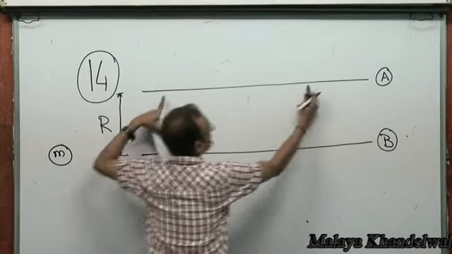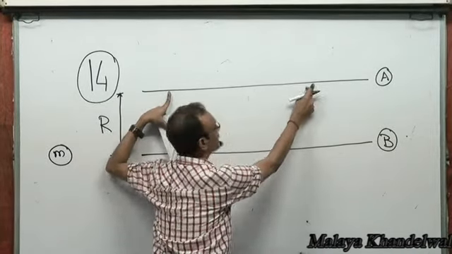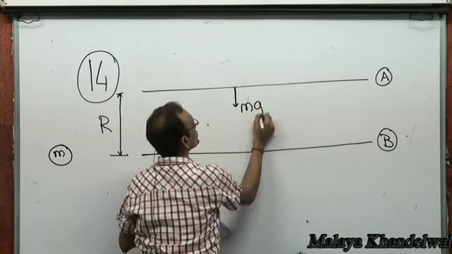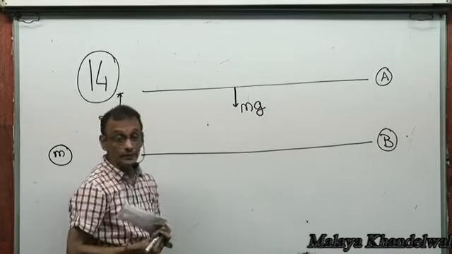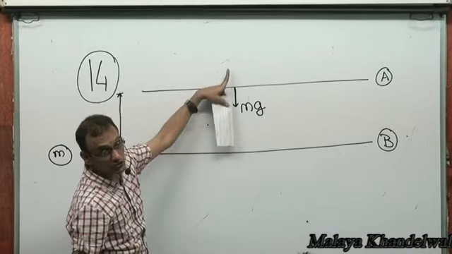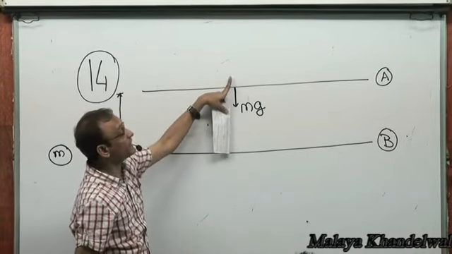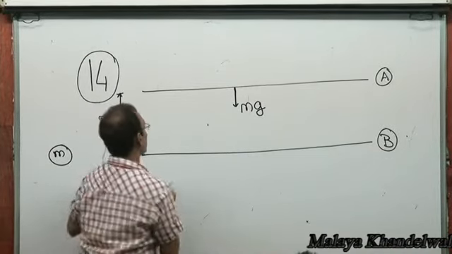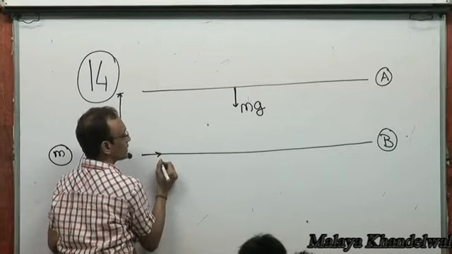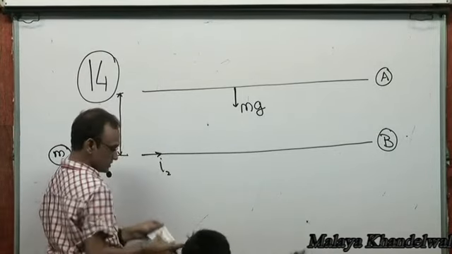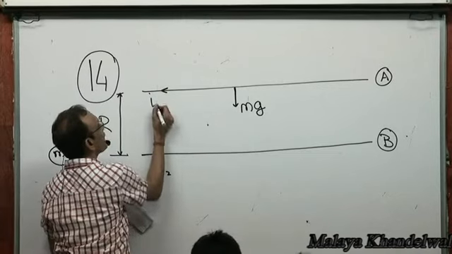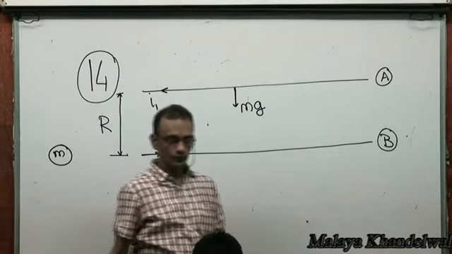Now, let's say if I take 1 unit length of this wire, it will experience mg downwards. Now, to be in equilibrium, it must experience repulsion from this. When will it experience repulsion from B? If they carry currents in opposite directions. That means if B carries a current I2 like this, then this will carry a current I1 like this. Yes or no?